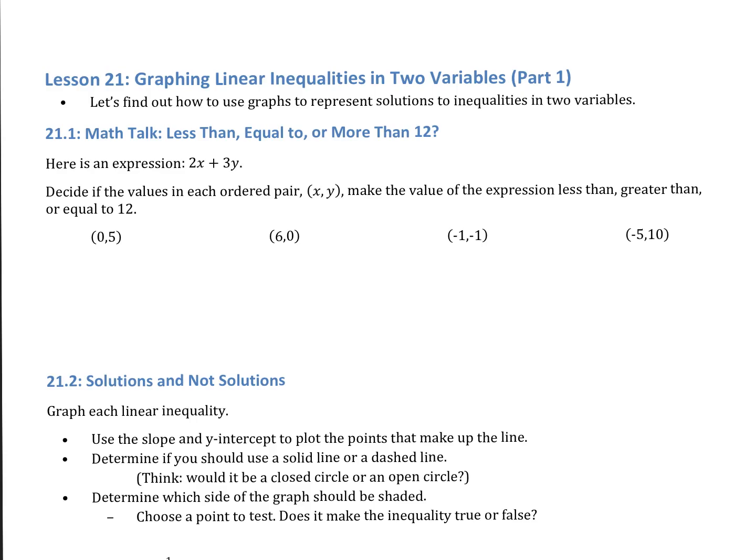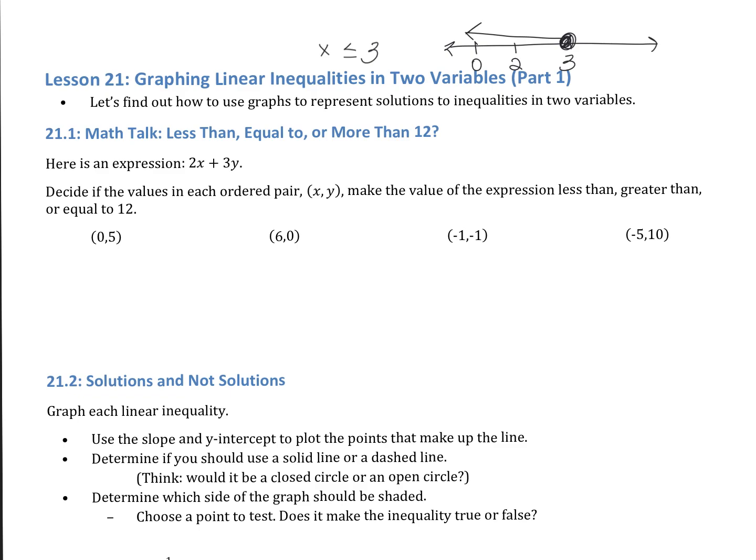Hey Algebra 1. Today in lesson 21, we're going to be graphing linear inequalities in two variables. So far, we've graphed inequalities in one variable. If we're graphing something on a number line, like x is less than or equal to 3, we know that x could be 3, but it could also be any of these numbers that are less than 3.